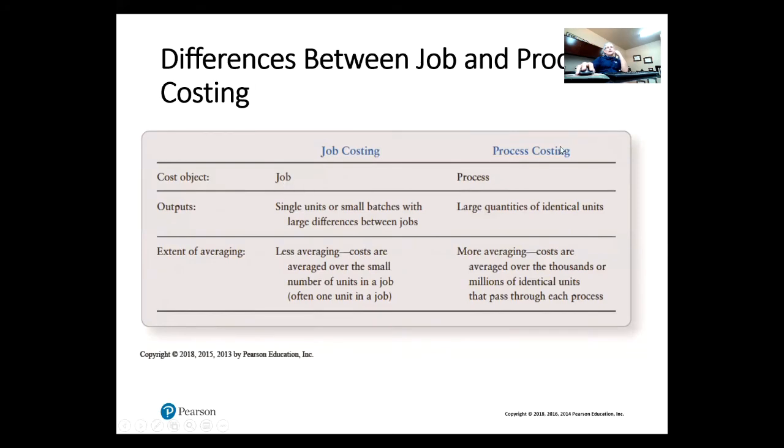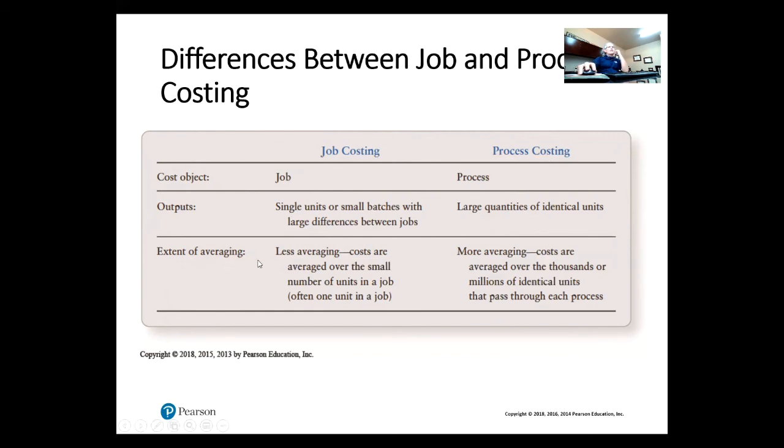When we have process costing, the objective is going to be to take costs and allocate them to a specific process. Your outputs under job costing will likely be single units or small batches with large differences between jobs. For process costing, large quantities of identical units.